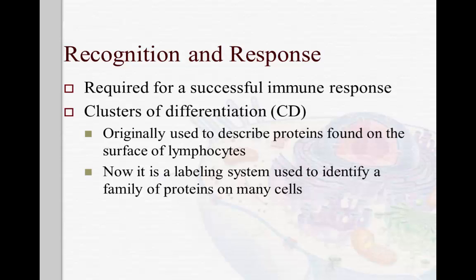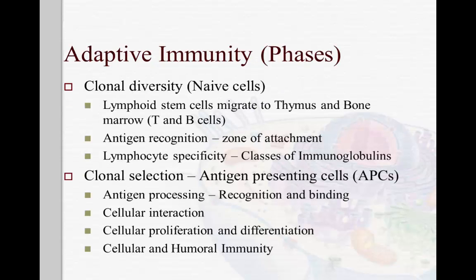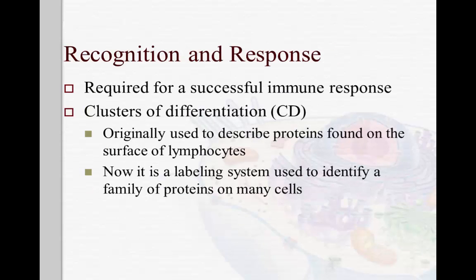And this is done by, again, the antigen-presenting cells. If we come back here, the clonal diversity, the antigen-presenting cells, the dendritic cells, and the macrophages. In addition to that, it is done by other molecules that are called cluster of differentiation.